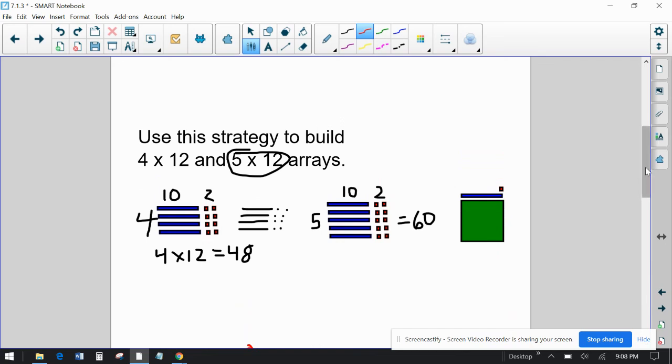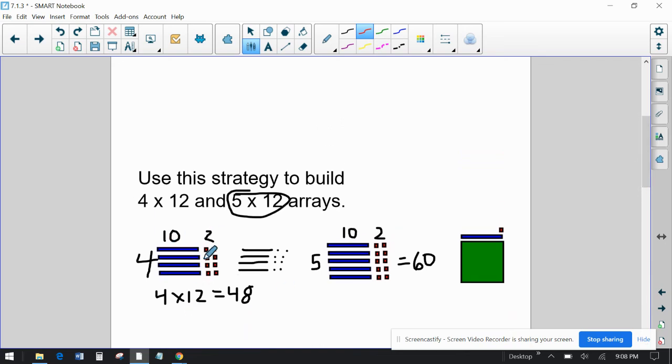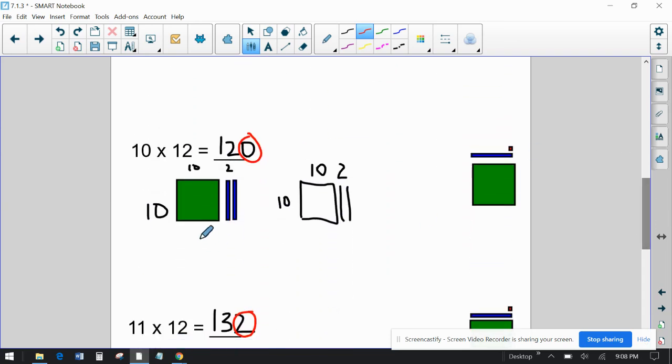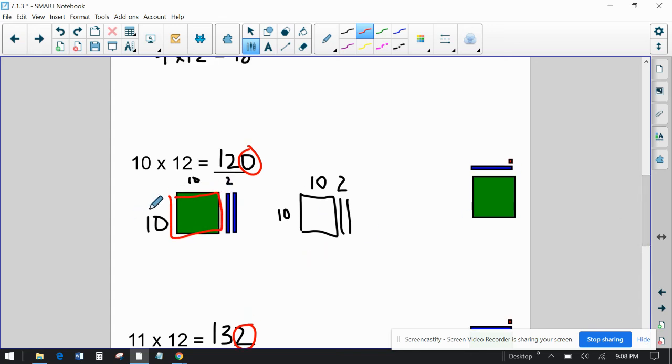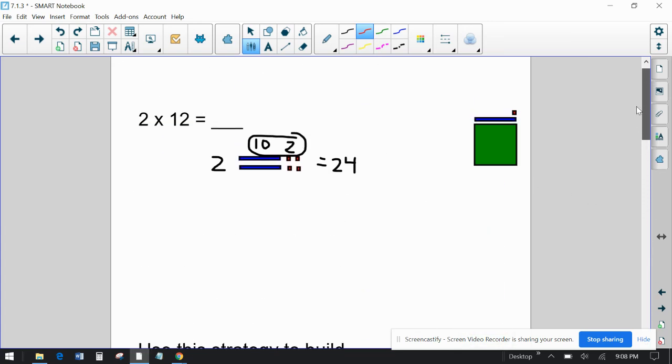And you can make them with base 10 blocks, or you can draw a picture of them with base 10 blocks. When you get down to 10 rows, it exchanges in for a hundreds block when there's a 10 by a 10. Hopefully this is helpful, and good luck.